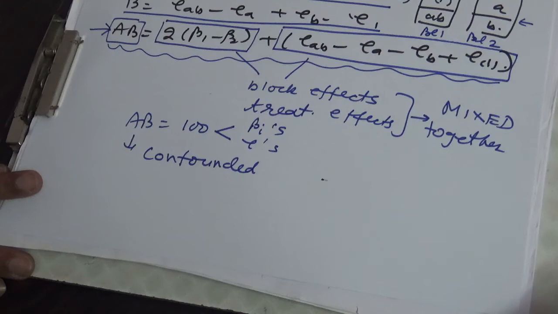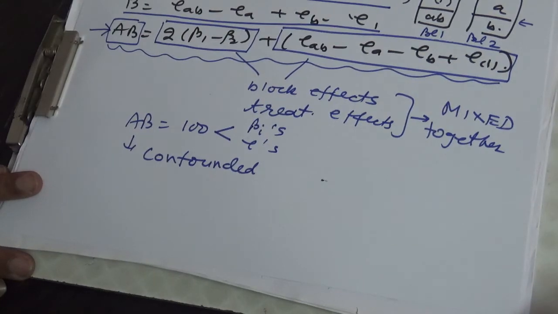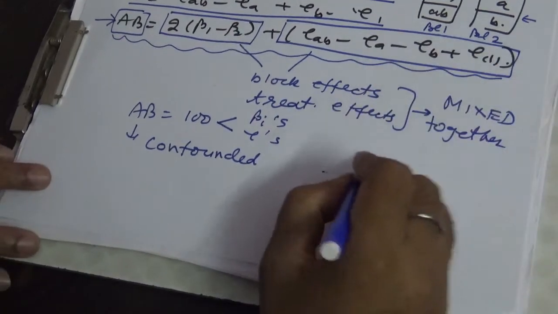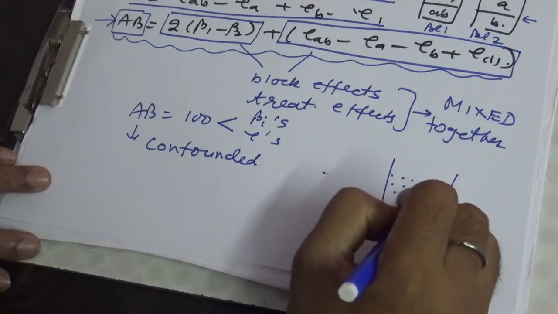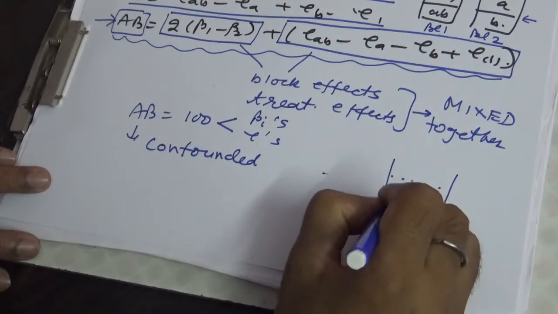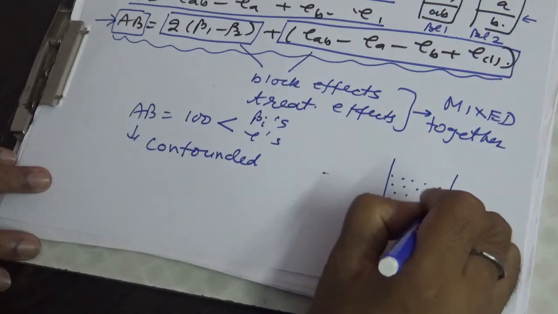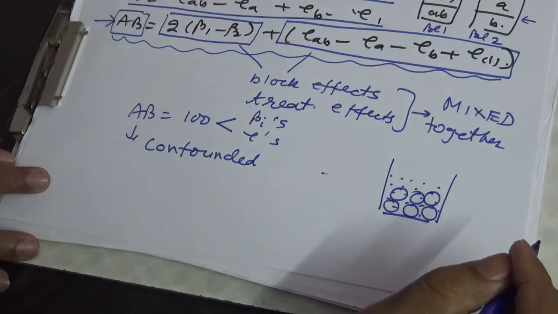Now, in order to understand this, let me take a simple example. Suppose I try to mix glass balls in some water. I take a glass which has some water, and I try to mix some glass balls in it.